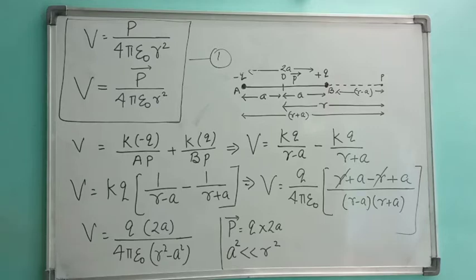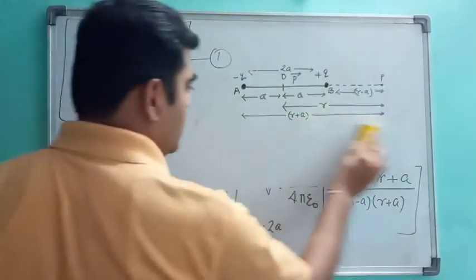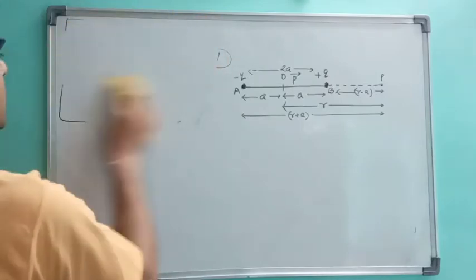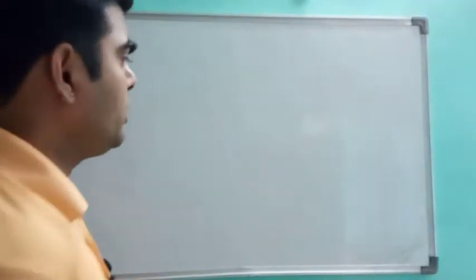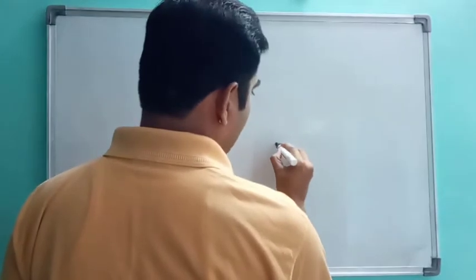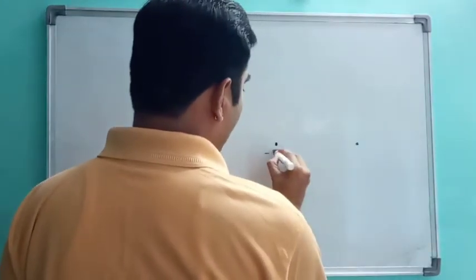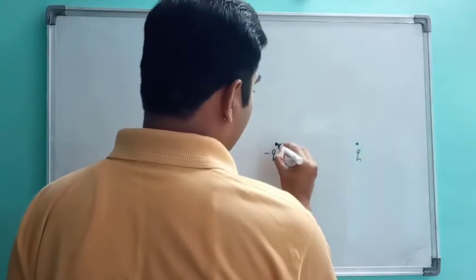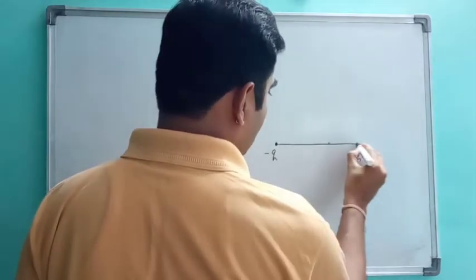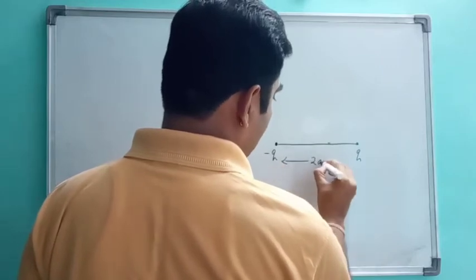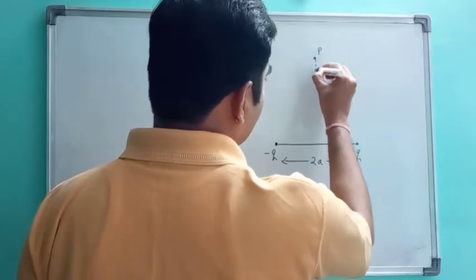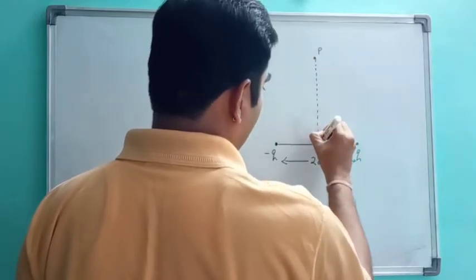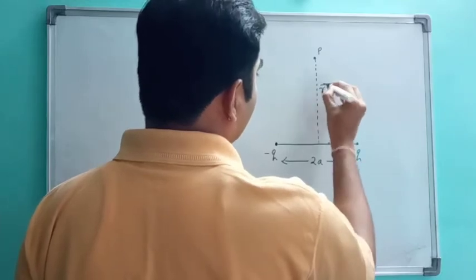Okay, now the second point: the equatorial line, because the electric field was also found on the equatorial line. So for the electrical potential, here is the negative charge and here is the positive charge, separated by distance 2a, and point P is in the perpendicular direction with position vector r.